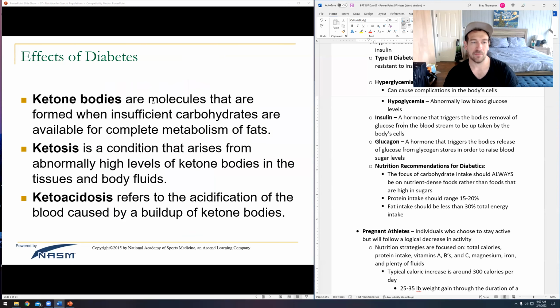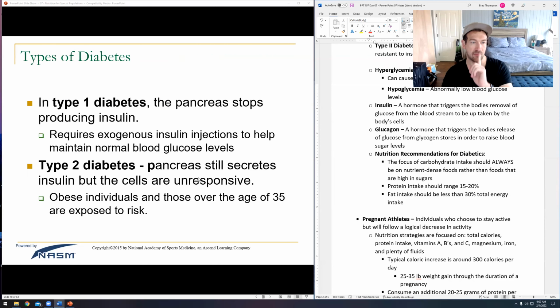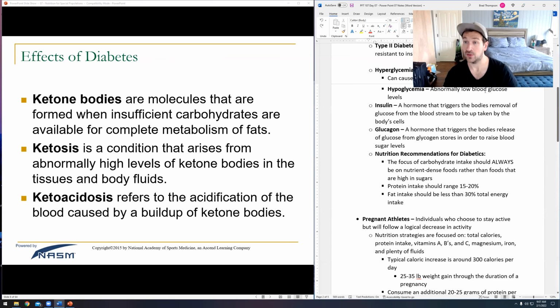So, some of the effects of diabetes that are out there. Like I said, insulin is this hormone that triggers the removal of glucose from the bloodstream. Now, before I get into that, there is another hormone that your pancreas makes, which is the exact opposite of insulin, called glucagon.